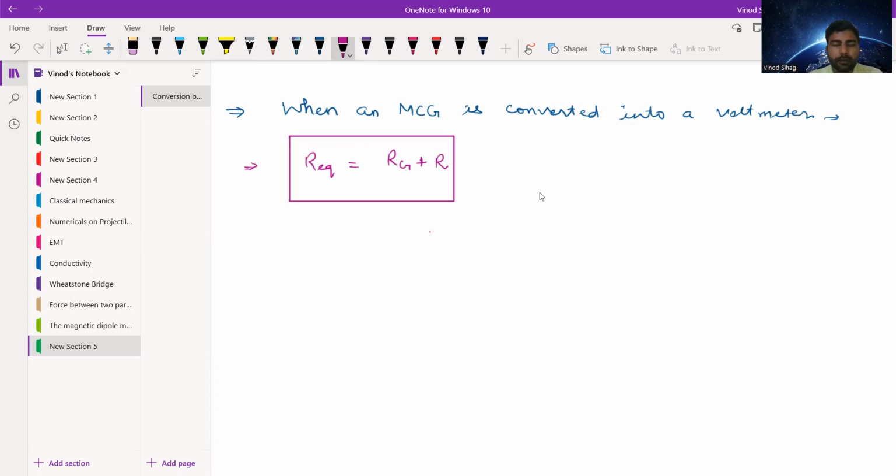Now this time also we'll take the case when R is much greater than Rg. Then R equivalent is approximately equal to Rg plus R, which equals R only.